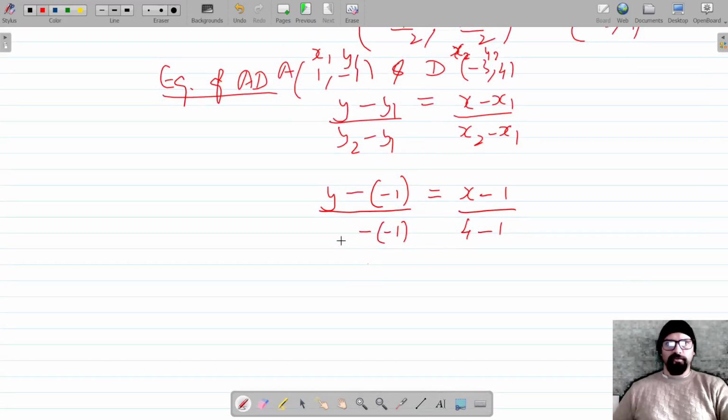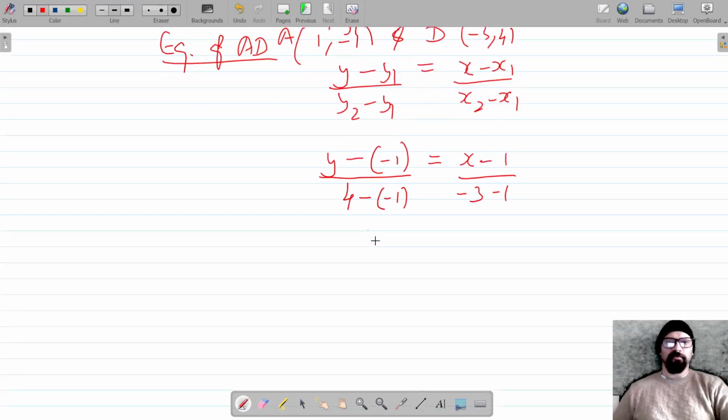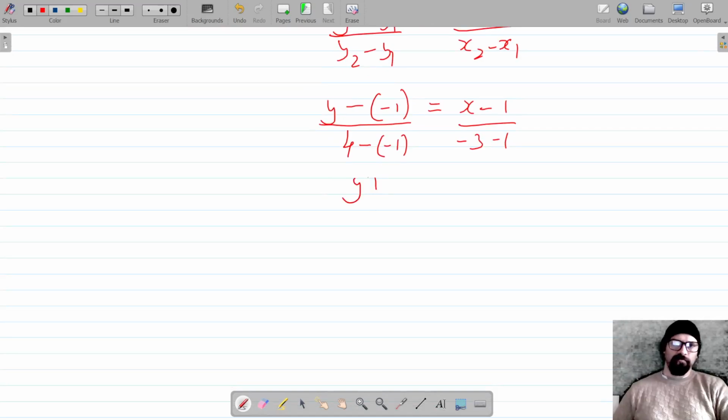So y2 is 4, x2 is negative 3 and y1 is negative 1. 4 minus of minus 1, and this is y plus 1. 4 plus 1 is 5, that is equal to x minus 1 by negative 4.